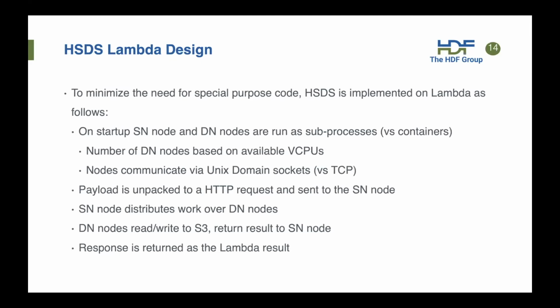And instead of using TCP, we use Unix domain sockets. When a request comes in, the payload is unpacked. We spin up these SN and DN nodes. We send a request to the SN node. That distributes the work over the DN nodes. The nodes read and write to S3. They return the response back to the SN node. The SN node returns the Lambda result, and then we tear it all down again.